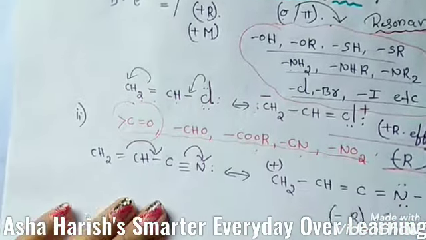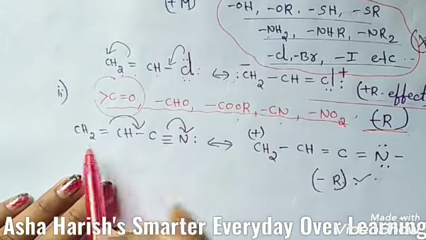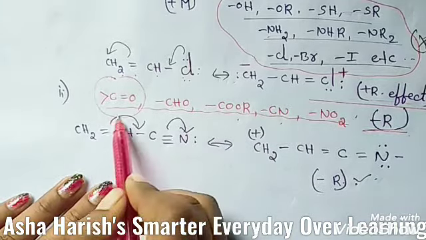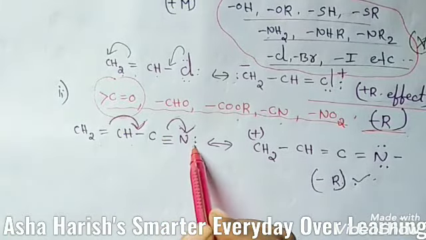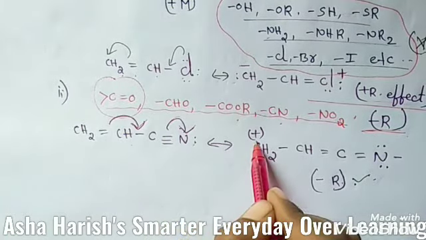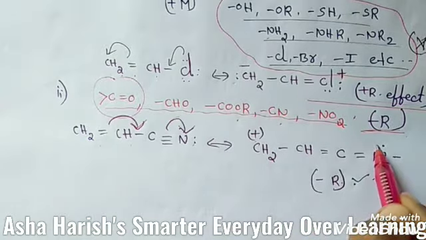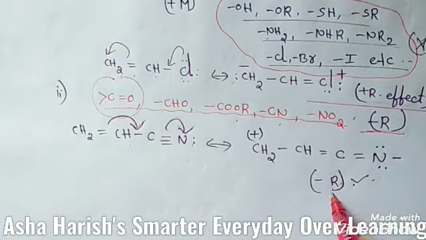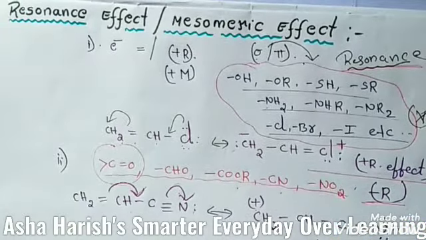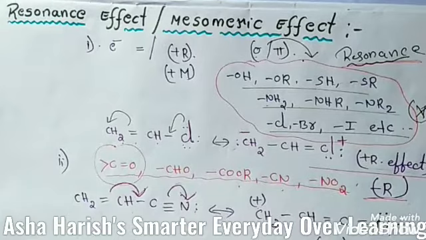If you see the example for this, CH2 double bond CH, here the transfer of electrons like this, and from this also a transfer of electrons, here the lone pair of electrons, then a positive ion should be formed here, and here are the lone pairs of electrons. This is known as minus R effect. So this is about resonance effect or mesomeric effect, which has two types, plus R effect and minus R effect.